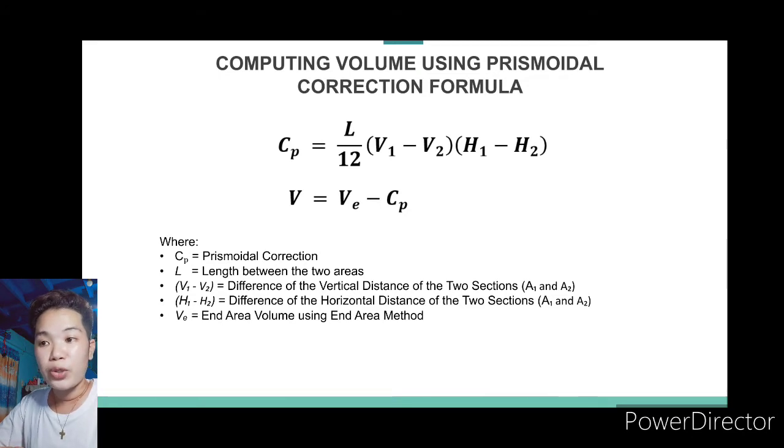To solve for the volume using the prismoidal correction formula, we will be subtracting the prismoidal correction from the volume computed using the end area method.